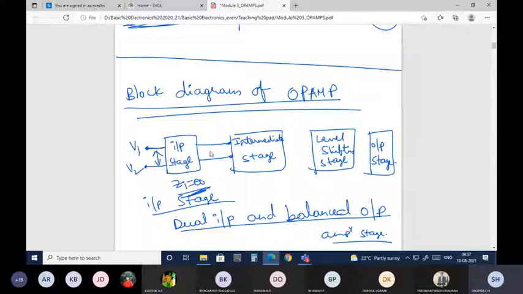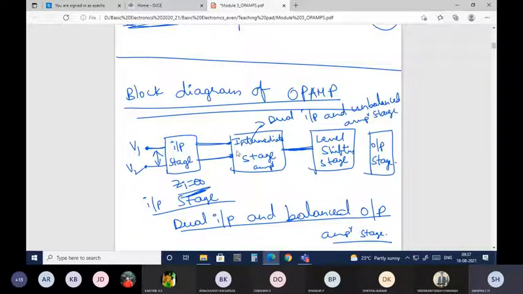Then we give it to the intermediate stage. This intermediate stage is again an amplifier itself. It takes two inputs and provides one output. That's why this is said to be the dual input, unbalanced output amplifier stage.